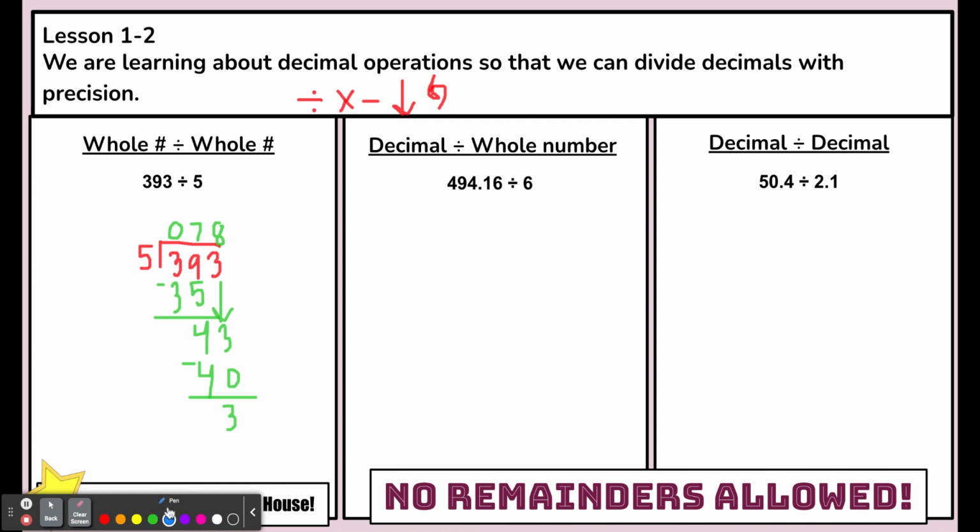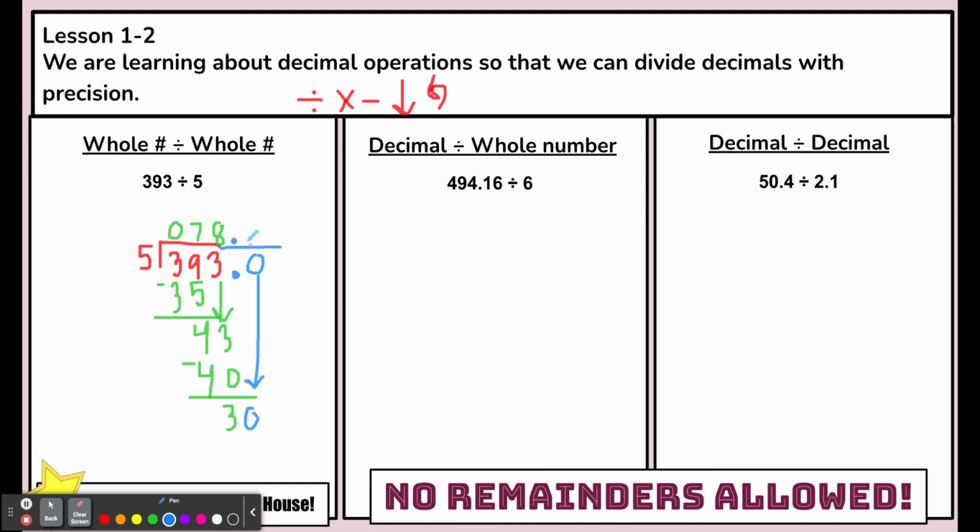I don't see anything. So what you're going to do is put a decimal and annex a 0. I didn't actually change the number. That's still 393, but now it's 393 and 0 tenths. Once I put that 0 in, I can bring that down and then bring it on back.